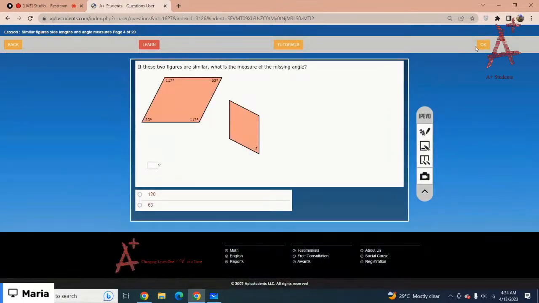Okay, what if the two shapes are similar? What is the measure of the missing angle? So just rotate the given figure. When you rotate the figure, just see which angles are similar.